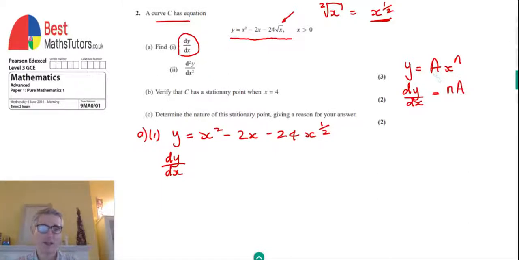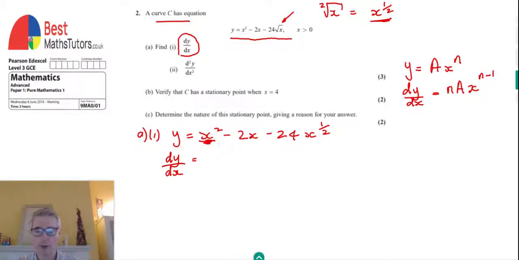I should say a is a constant, n is also a constant, which means they're both numbers in this case, and x is the variable. What we then do is subtract 1 from whatever the value of n is, whatever the power is. So we do that to the first part of the expression.